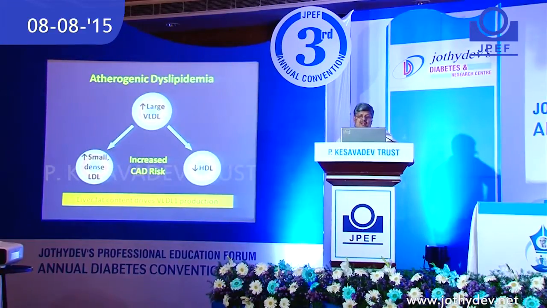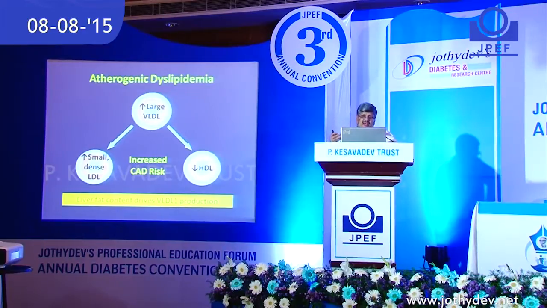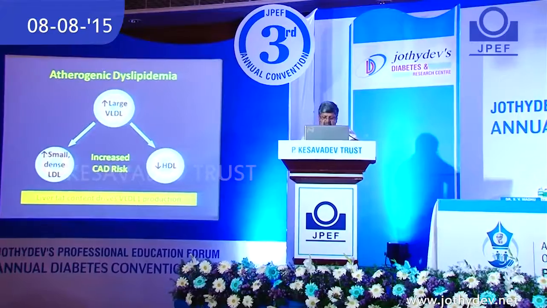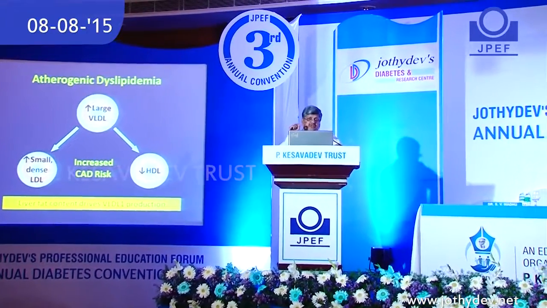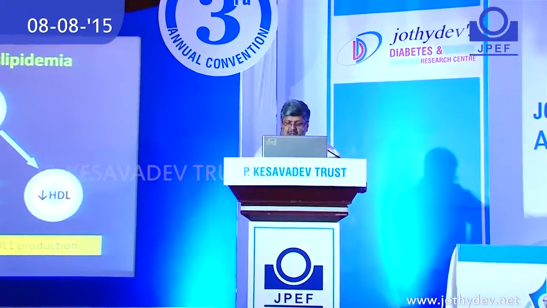Whenever you have excess fat deposited in the liver, you have excess VLDL1, and this atherogenic dyslipidemia develops. That means hepatic fat is the driver of atherogenic dyslipidemia in metabolic syndrome or diabetes. And therefore, a cardiovascular risk is bound to be there.